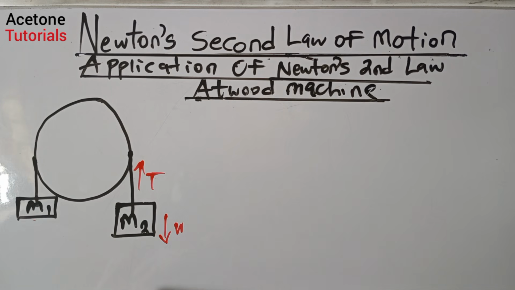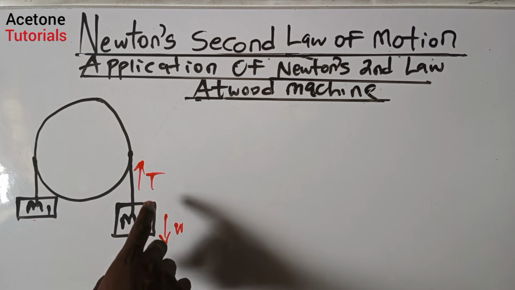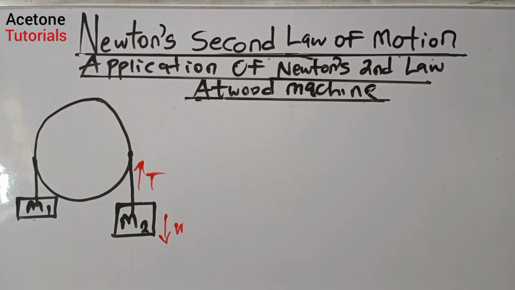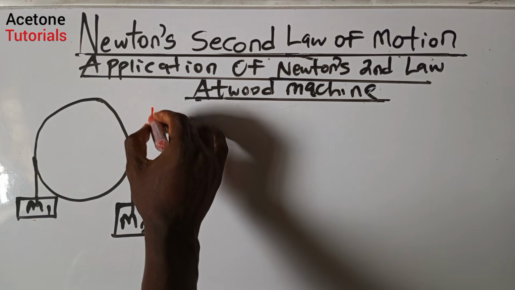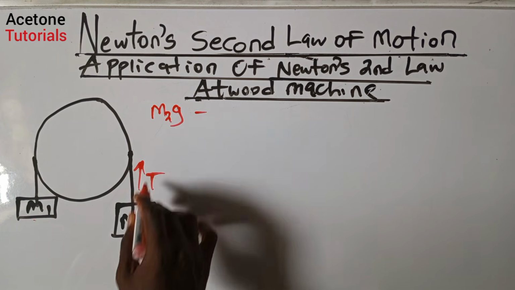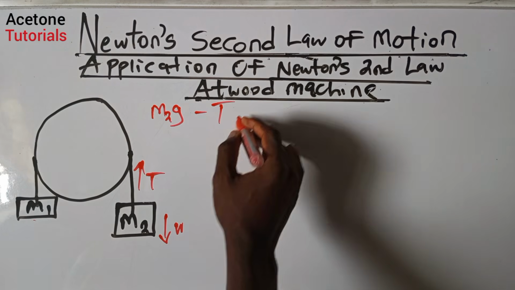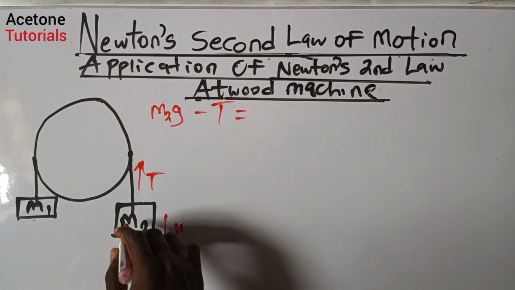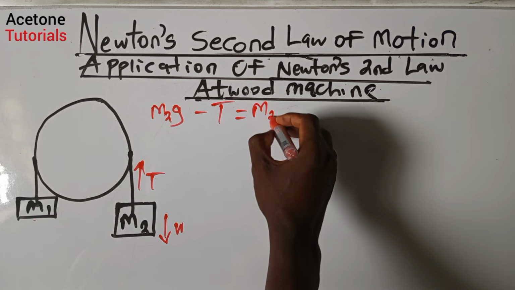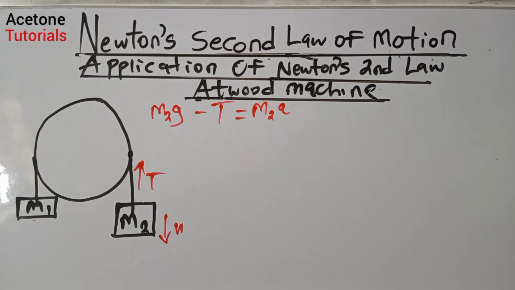Since m2 is moving downward, the weight is larger than the tension. So the net force on m2 is the weight, m2g, minus the tension, equals mass times acceleration, m2a. So that's for this mass.